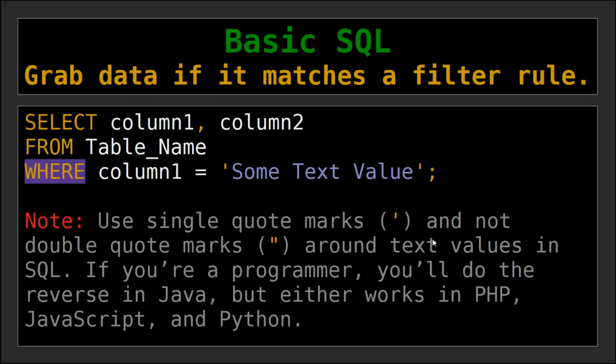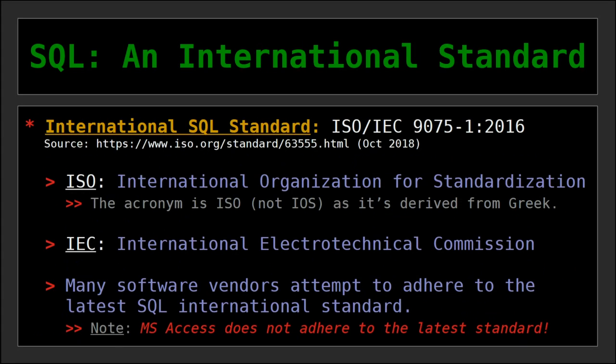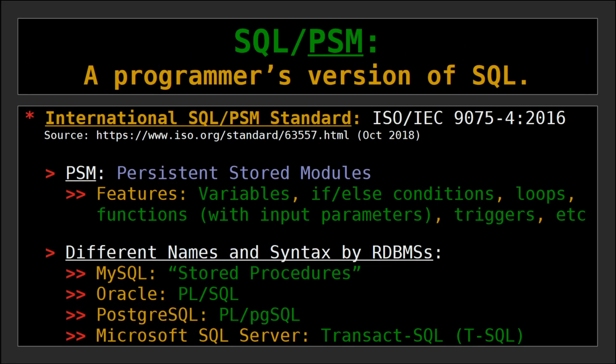I'll give you a reminder: remember some of these terms. DB for database, relational database management system, SQL, DBA, and so on. What is SQL? Oh, sweet, it's standardized. Generally, Access kind of deviates, stuff of that nature. There's this other thing, PSM.